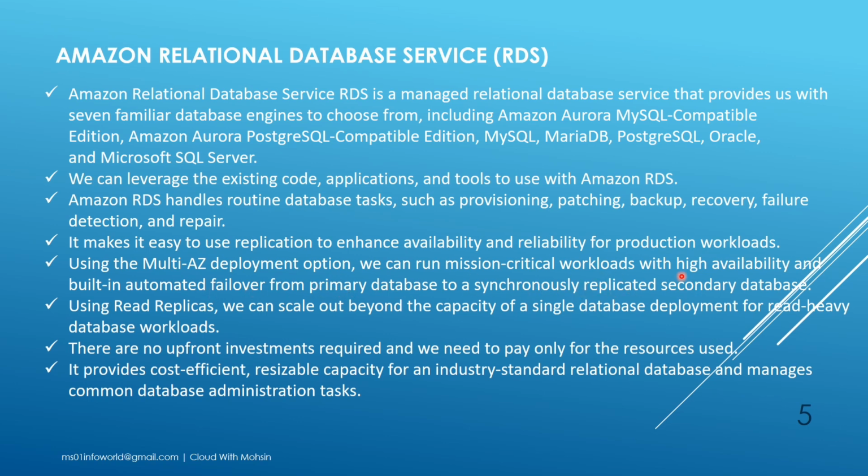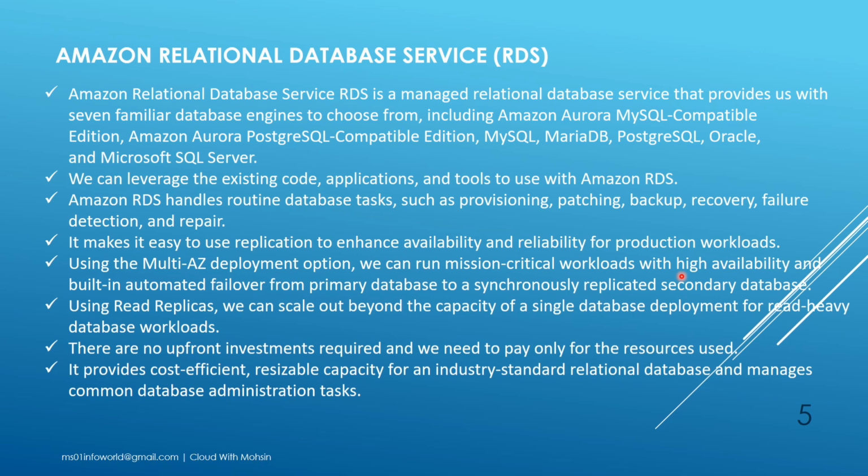Synchronously means your data at one database is replicated to another database, from one availability zone to another availability zone, so there will be zero gap between both. Data at one AZ of the database will be the same as the other one, so that you can fail over from A to B or B to A.